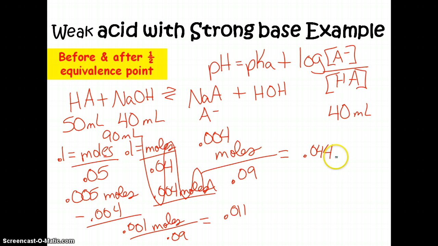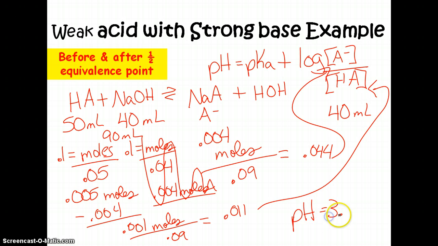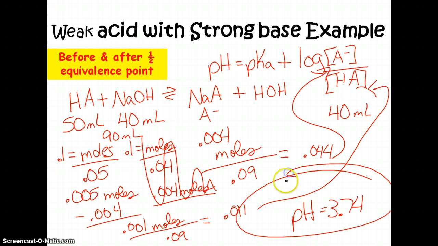This is my A minus, so that went on top, and this is my acid, so it went there. I plugged that in, and then I added 3.14, and I got 3.74 as my pH. Again, we're going to need this in a little while, and that was with 40 mL.